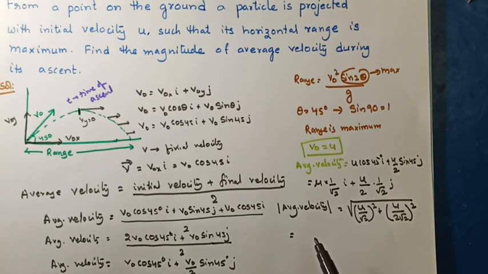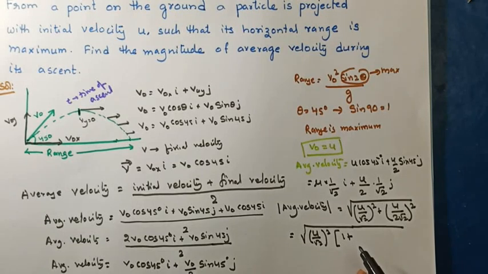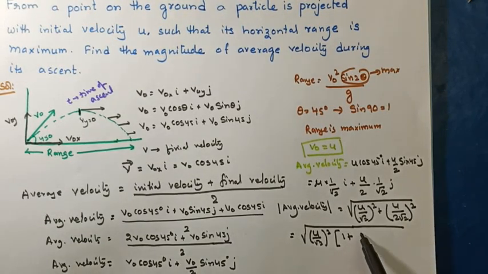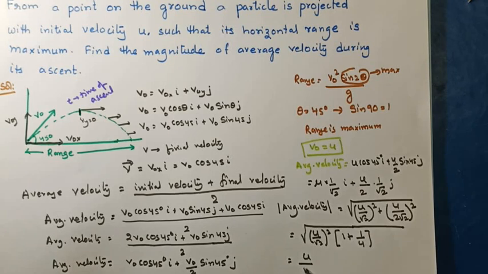Now I'm taking u by root 2 whole square as common. You will get 1 and 1 by 2 whole square, which is 1 by 4. U by root 2 outside, the square root cancelled, and this is 4 plus 1, 5 by 4. 5 by 4 means root 5 by 2.